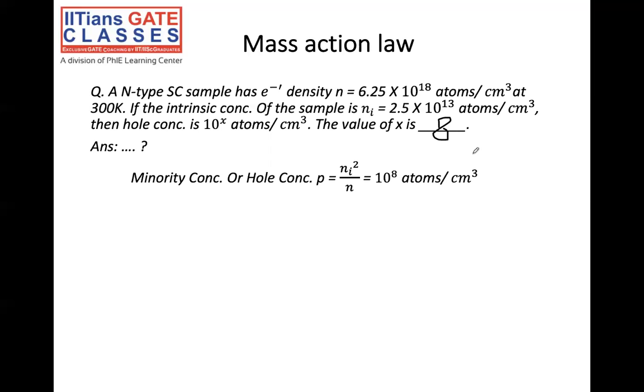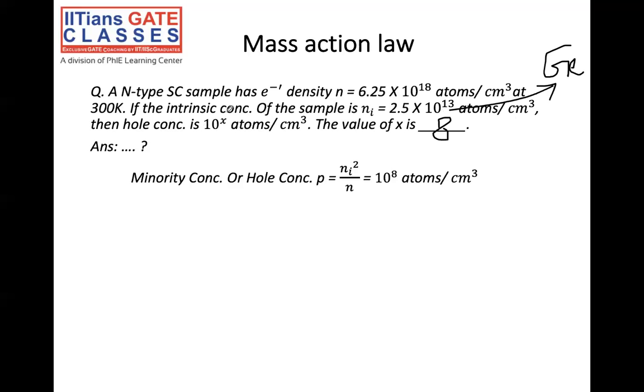Okay. Now in this same question, they can ask some other questions also. They can ask what type of intrinsic material is used in this. Based on this Ni, we can say it is germanium, because Ni is 2.5 into 10 to the power 13 atoms per centimeter cube.